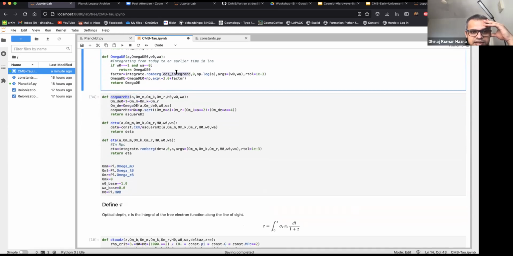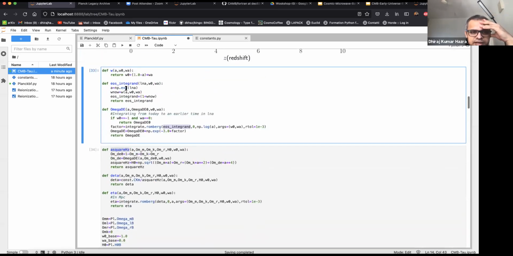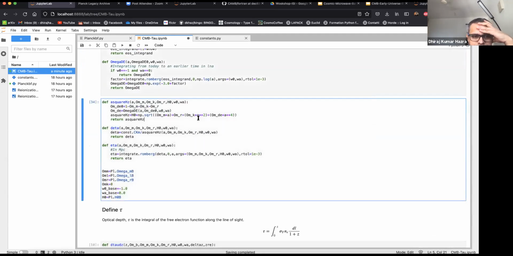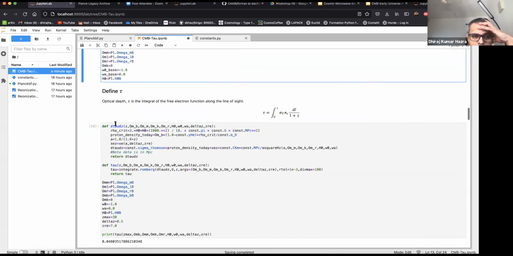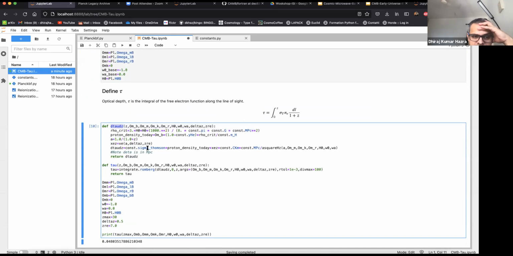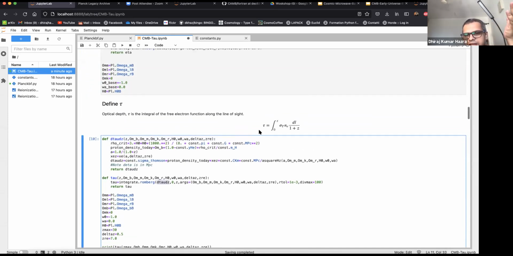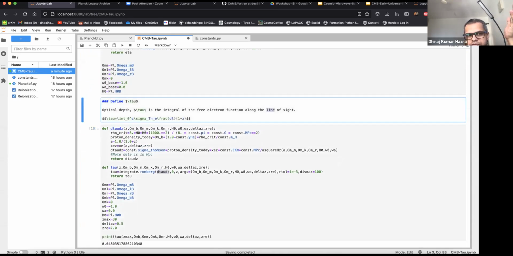This is an integral of the equation of state integrand, which I have defined here. d eta, the conformal time, and then eta you can get from here, and d tau dz, the integrand of which you can integrate to get the tau. So this is the d tau dz, the line of sight integral.